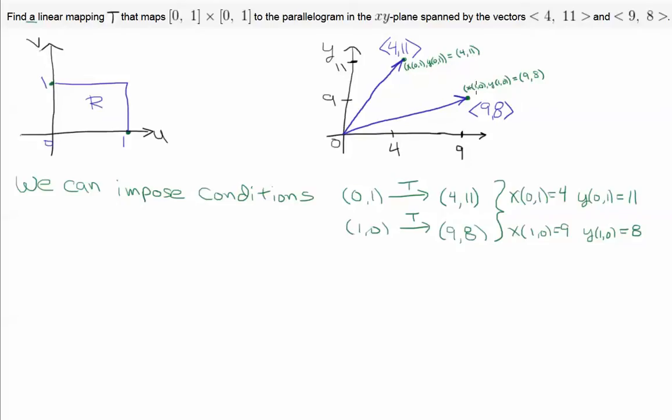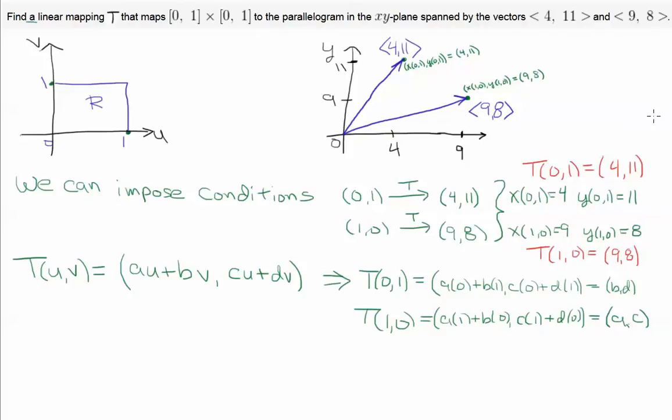The point (1, 0) in the rectangle gets mapped to the x-coordinate 9, and similarly, the y-coordinate becomes 8. And this information here, x equals 4, y equals 11, x equals 9, y equals 8, is going to help me define this map T. You'll see in a moment. So what I did here was I said that T(0,1) gets mapped to (4,11), and T(1,0) gets mapped to (9,8).